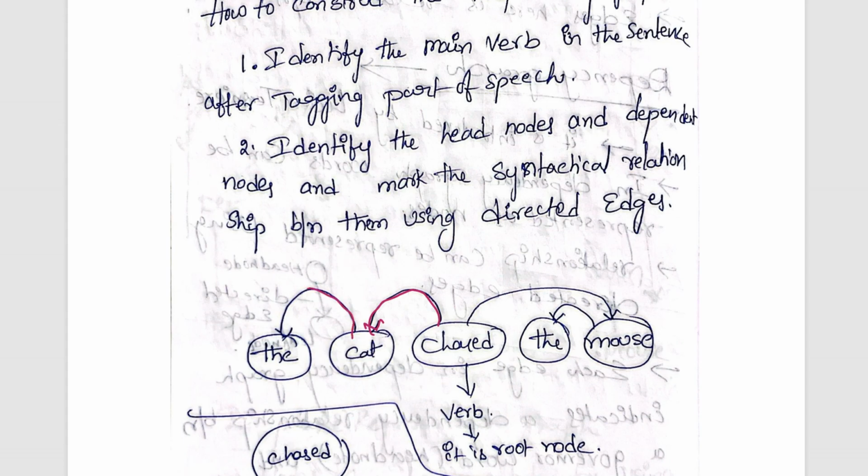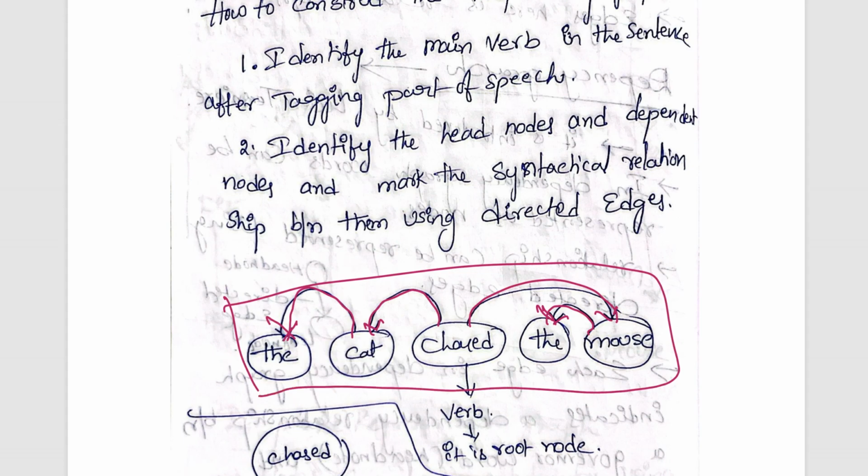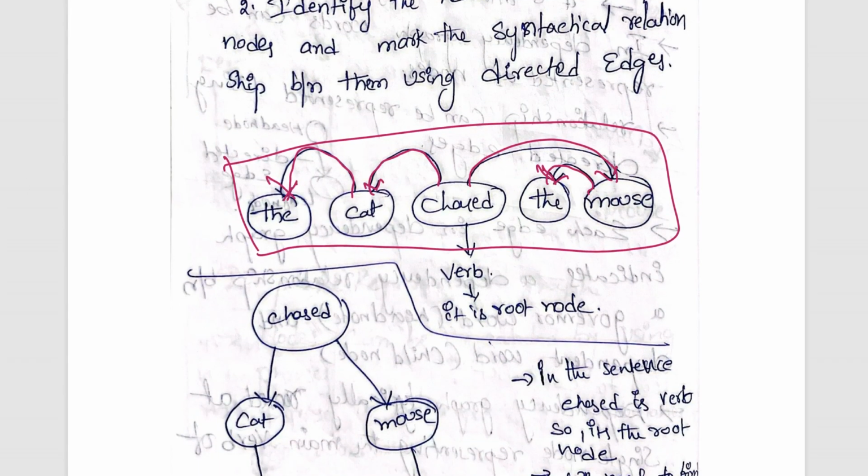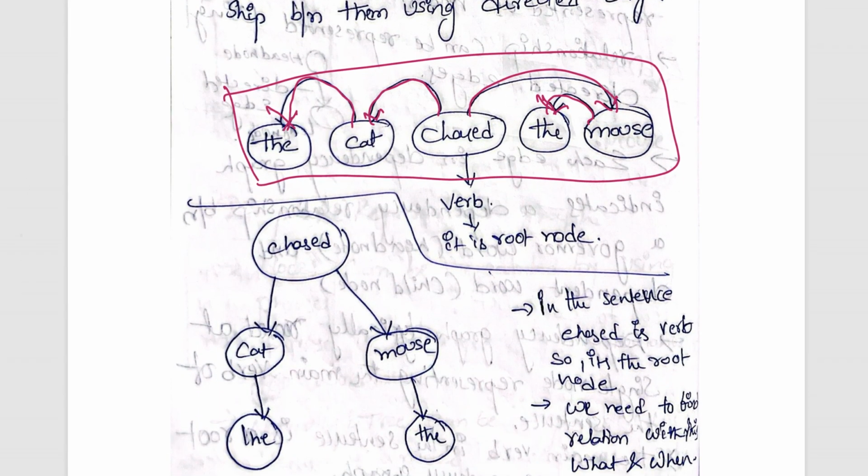What did it chase? The mouse. The cat chased the mouse. Now the relationship between the nodes is understood. Using this understanding, you can construct the parse tree, the dependency parse tree, the dependency graph.